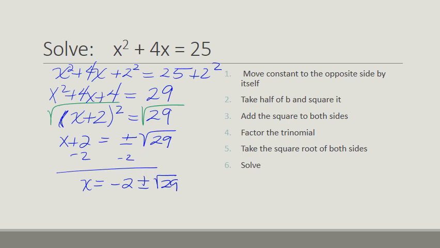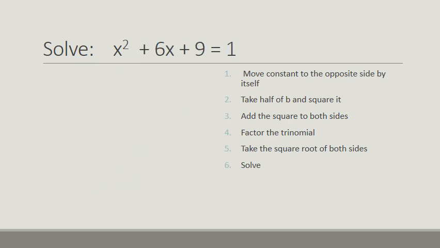All right, next example. I don't have the constant on one side by itself, so I've got to subtract 9 from both sides. And I'm going to get x squared plus 6x. I always leave a space if I've got to do that step. Minus 8. Okay, equals negative 8.